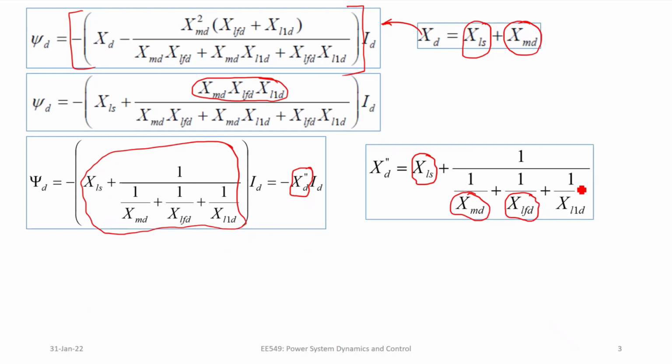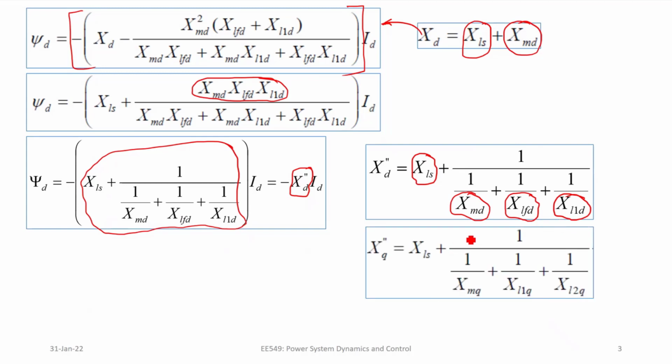It is across the d-axis. Similarly, XL1D is your leakage reactance corresponding to the damper winding, 1D damper winding. So likewise, considering the d-axis flux linkage equations, we derive the d-axis subtransient reactance.